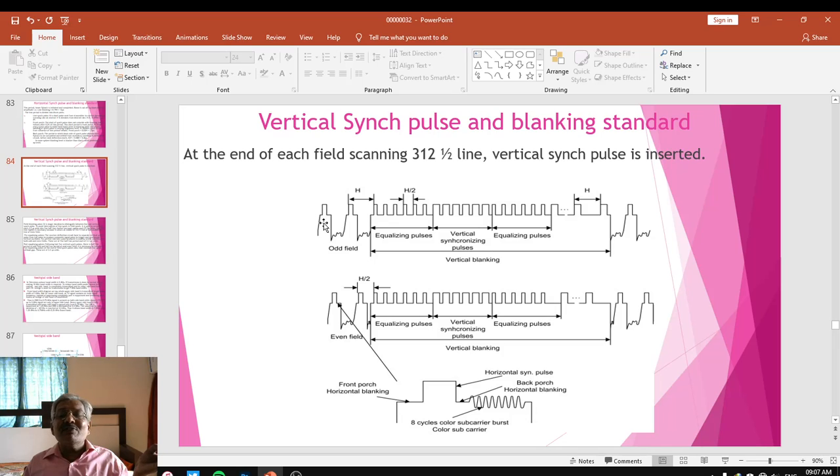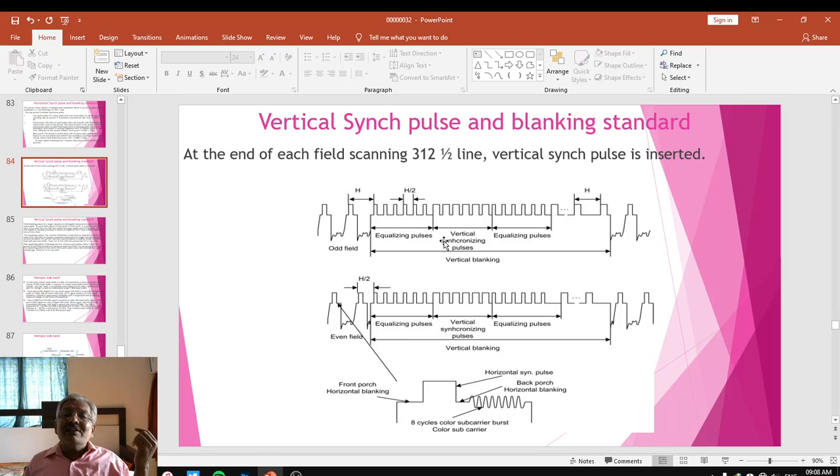Totally it is 12 microseconds, and 52 microseconds carries the video signal. The amplitude levels are also fixed, which vary between 75% to 100%. If all these standards of the horizontal blanking are maintained, then we can say the transmission is totally clear.